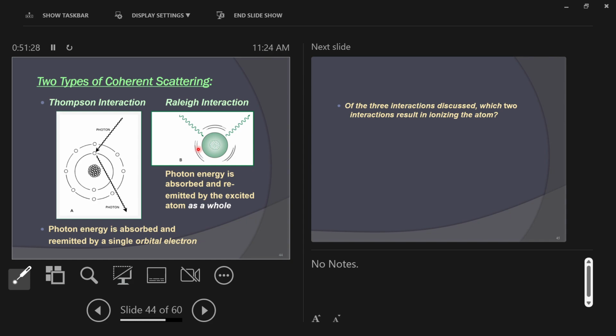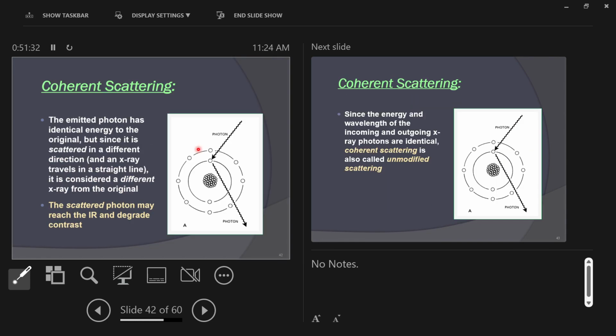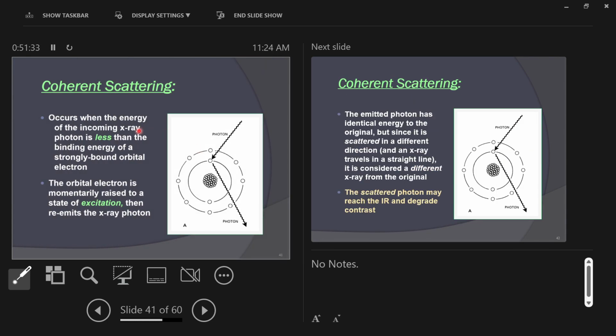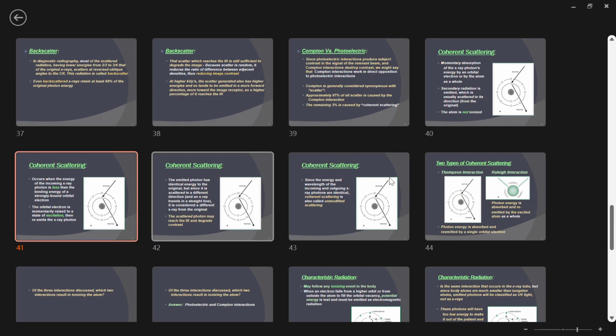In this type of interaction, by construction, the photon has less energy than the binding energy for the electron orbiting the atom. So the atom cannot get ionized here.